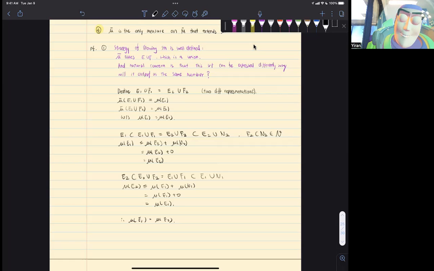And then we show that for every subset, let's call it B, of E union F, B is in M bar and mu bar of B is equal to 0. That is exactly equivalent to showing that mu bar is complete. Okay, I think about this.